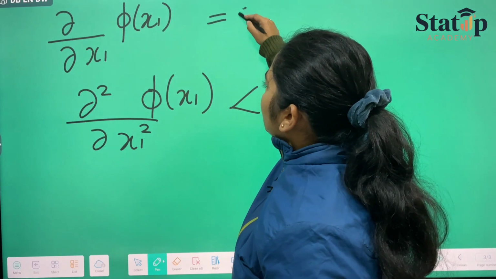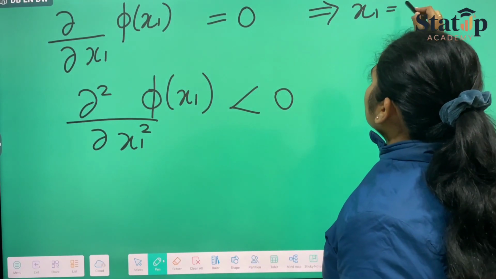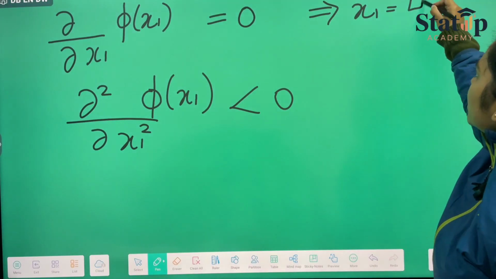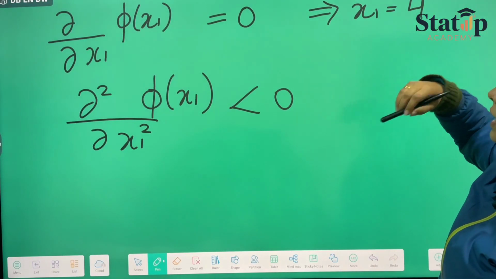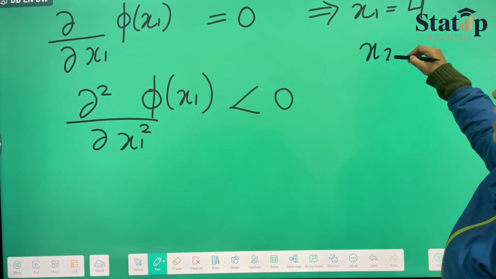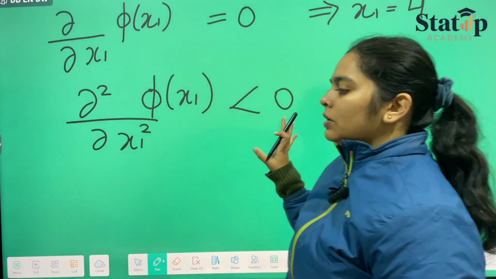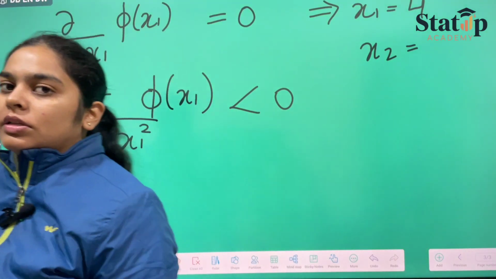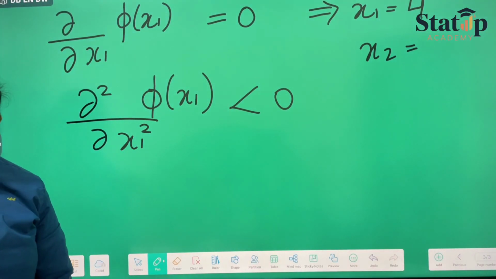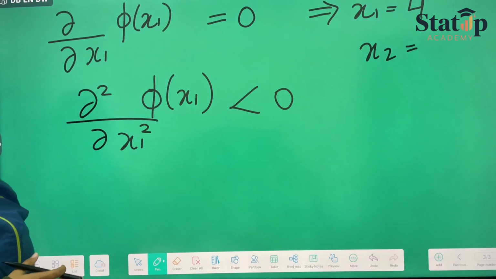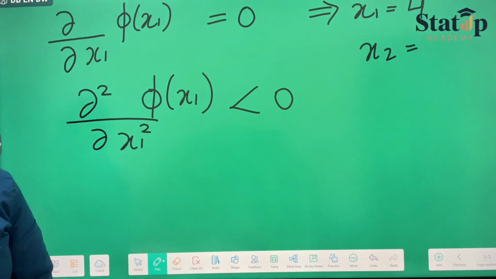Here we will put the first derivative equal to 0 and we'll get the value of x1 equals something. Suppose x1 is 4, then we'll put this value 4 in our equation of x2, and we get the value of x2 as well, and the second derivative should be less than 0. This is an important property because we are doing maximization, and with differentiation a maximization can be achieved when the double differentiation of a function is less than 0.